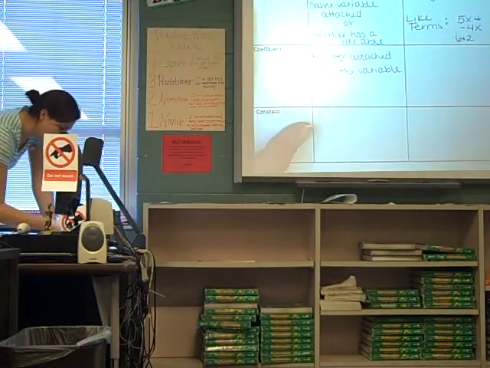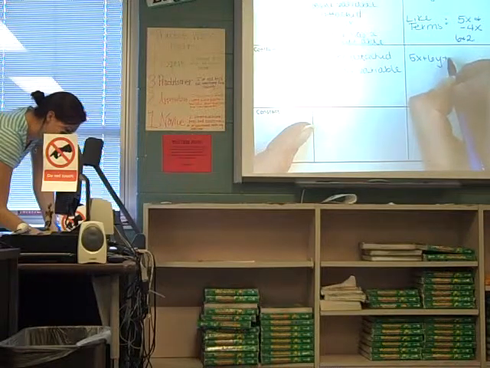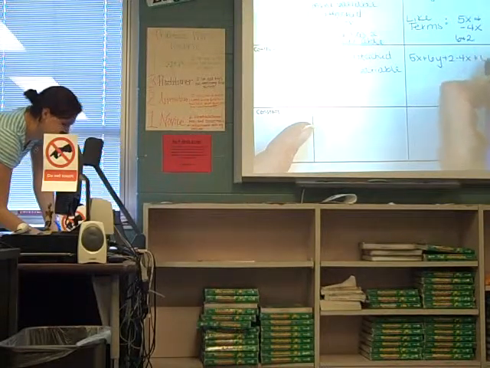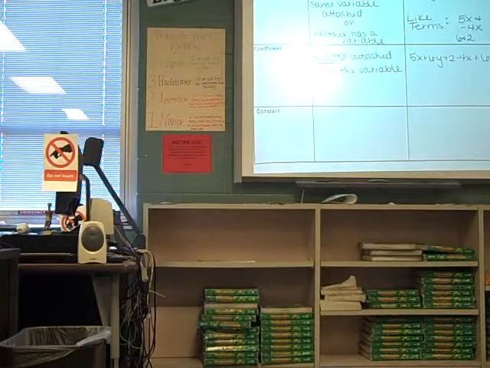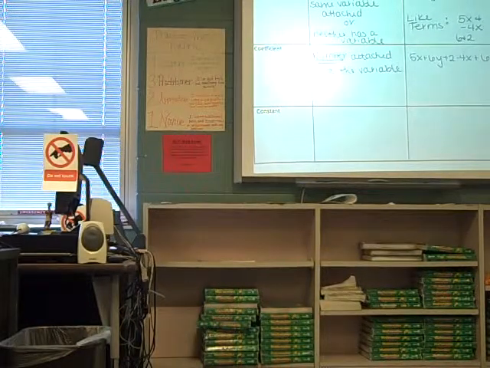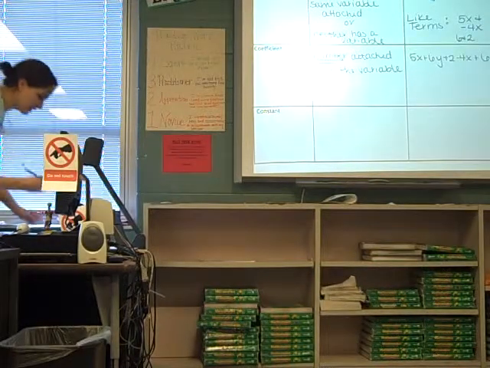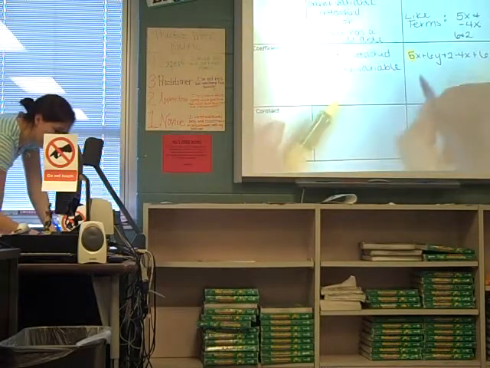So again, if I write down my same expression, 5x plus 6y plus 2 minus 4x plus 6. If I'm looking to identify coefficients, I am only looking at the numbers with variables. That's it. So if I look at my first x, the number in front of it is 5. That is the coefficient.